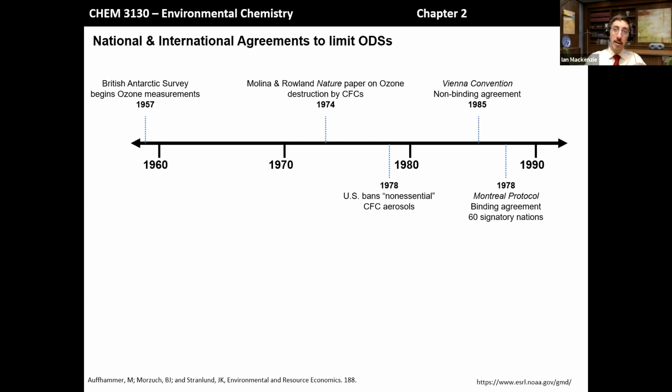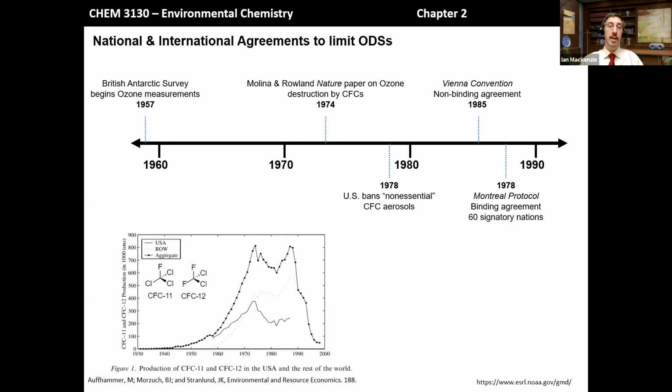Now, the result from this is that after the 1970s, and particularly in the 1980s, we see a drop in the overall production of these CFCs. So if I look at just CFC-11 and CFC-12 in this diagram we've shown earlier, we see that up until about the 1970s, there was a large, dramatic increase in these.